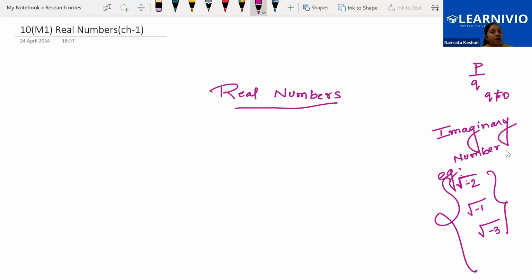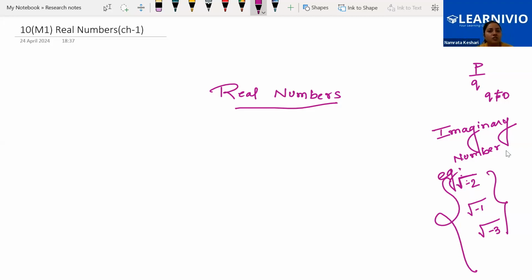Today we are going to stick to our topic, that is real numbers. That's why again and again we will specify that we are talking about real numbers. First thing first, you already know what an irrational number is and what a rational number is.